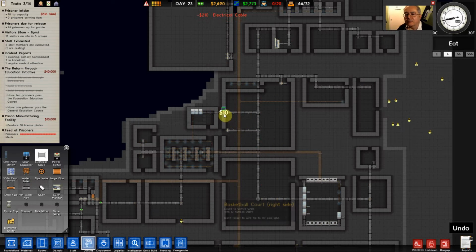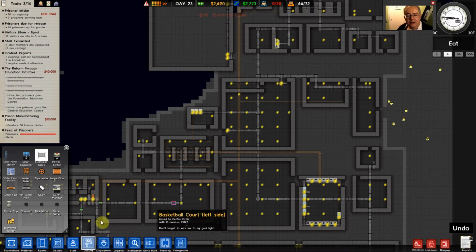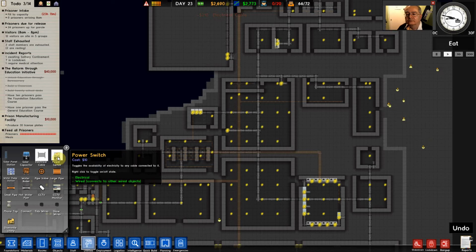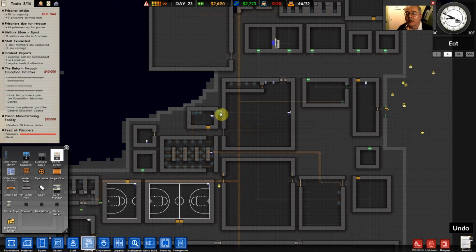Okay, and then I can put a power switch there to cut off all of this section, if I need to.